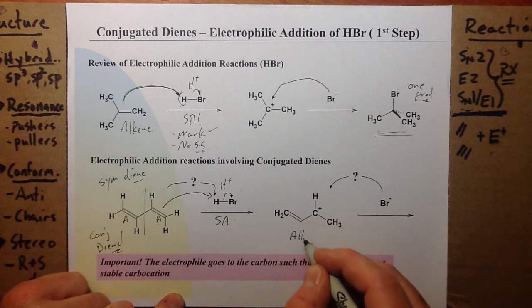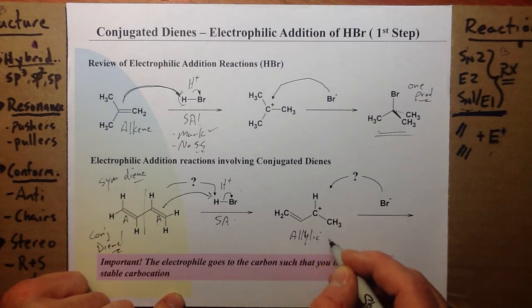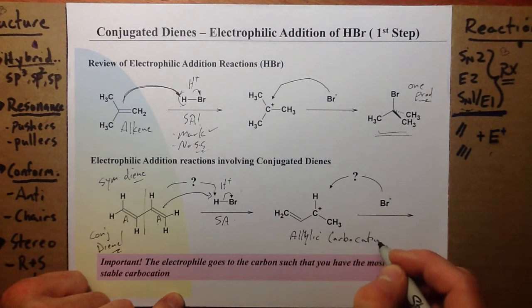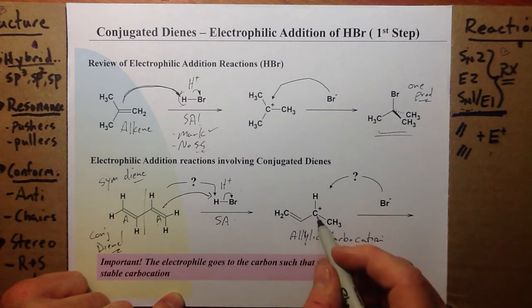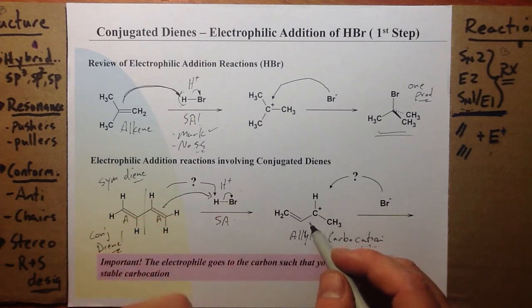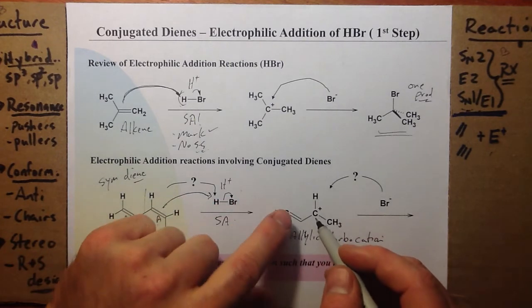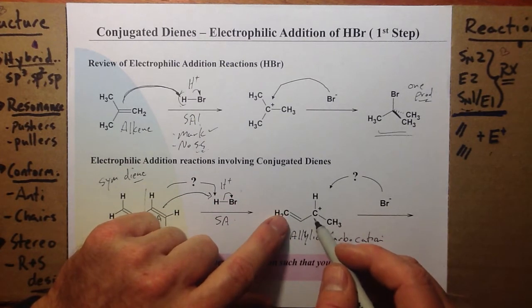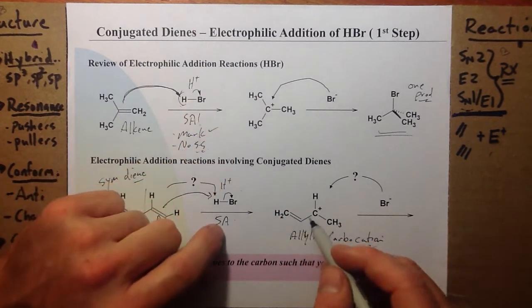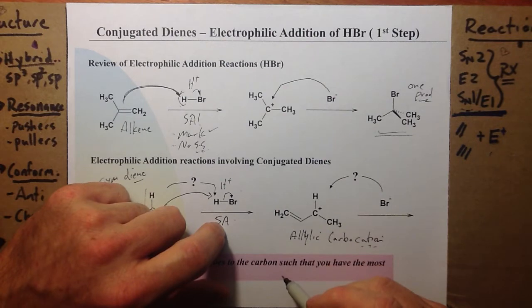This would be an allylic carbocation. Where we have three overlapping p orbitals, we have conjugation, not only in the diene, but in the carbocation left behind: three atomic p orbitals with two electrons between them.